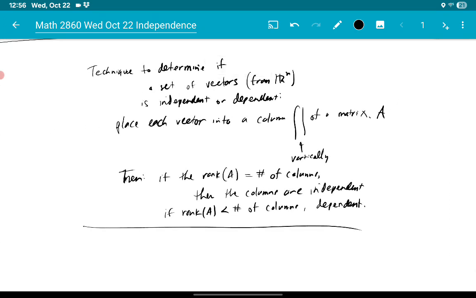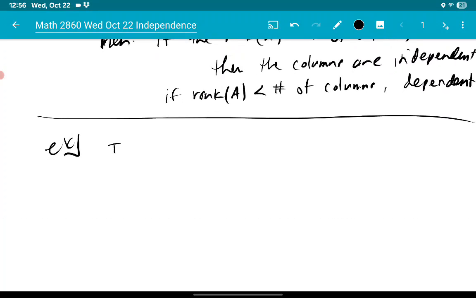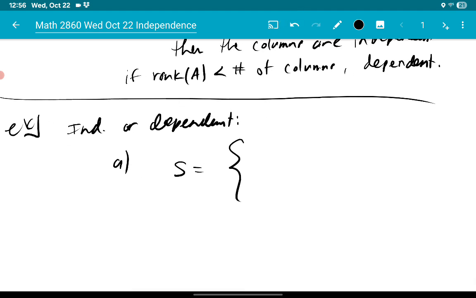So let's use that tool to do a couple more examples, and that'll be it for today. If I said independent or dependent, let's deal with the set. Let's call this S, the set negative 1, 1, 0, 3.